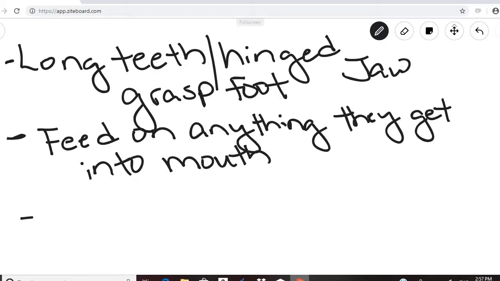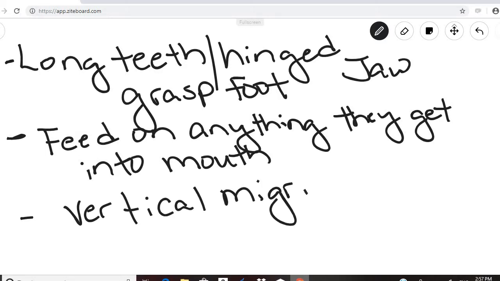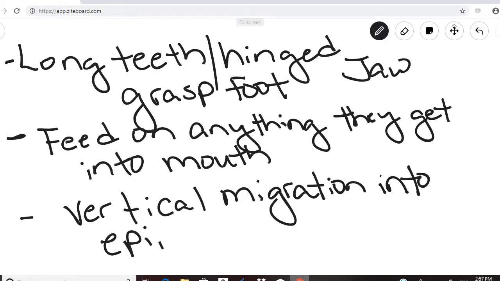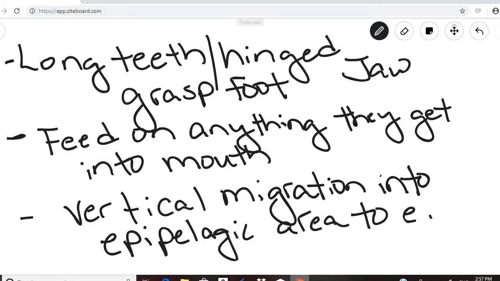And then, I already mentioned this somewhat, but some of them will do vertical migration into the epipelagic area to eat. Usually that's at night, they will go up into the epipelagic area to eat at night.